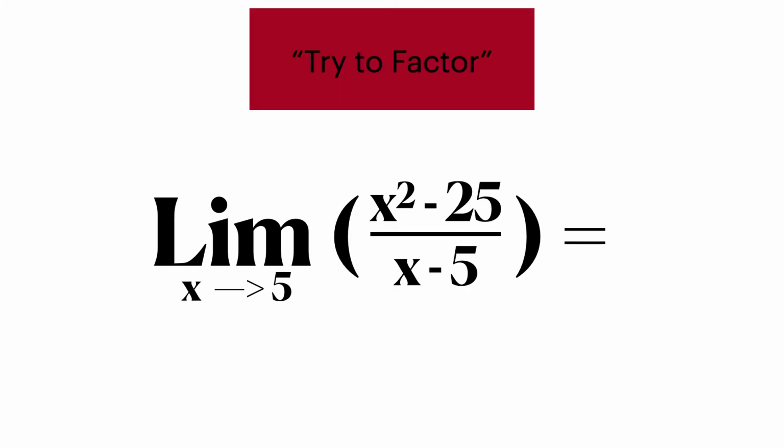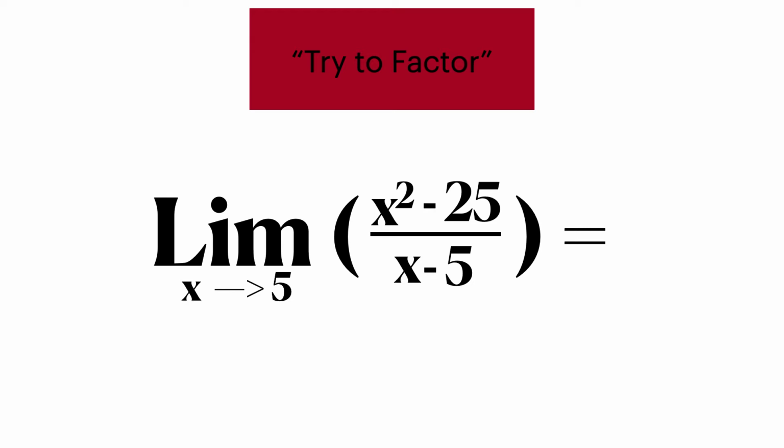Try to factor. We have the limit as x approaches 5 of x squared minus 25 over x minus 5. This is the example we had at the beginning of the video. Let's try plug and chug first.